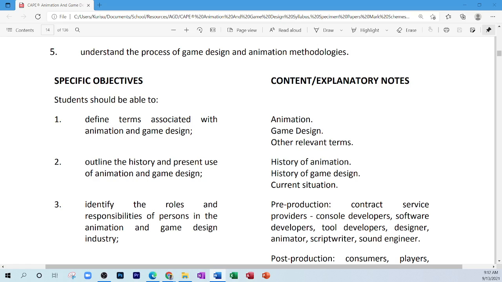But there are some keywords you need to take note of, some keywords you need to remember. When it comes to animation, how are these images grouped together? What is the pattern with your grouping?